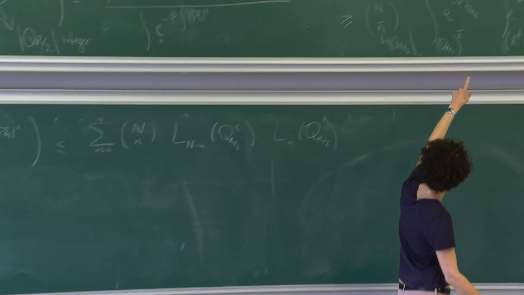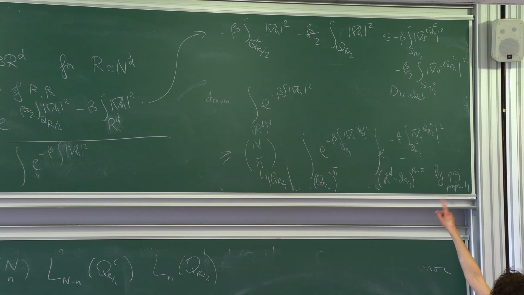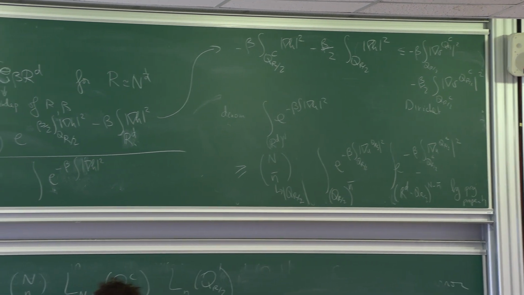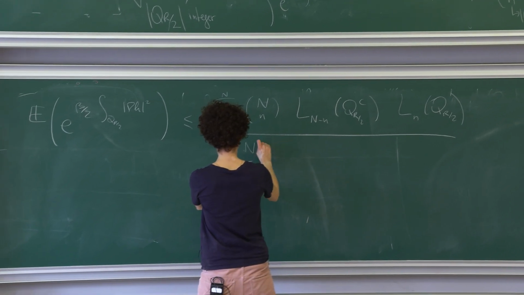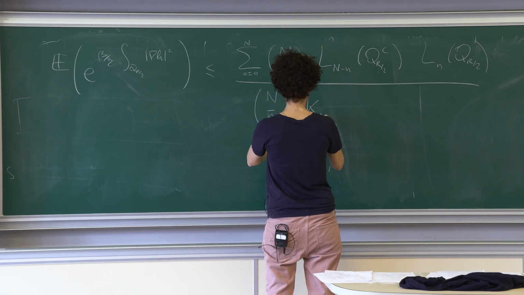So this is based on the upper computation on top. And in the bottom, I have the computation with the ideal number of points. And now I have k.